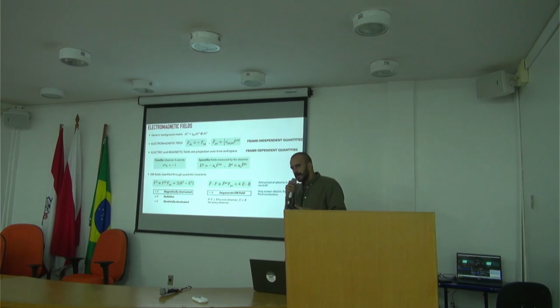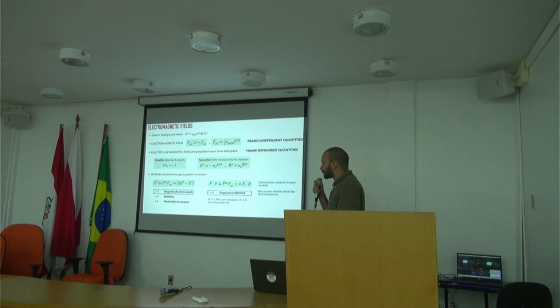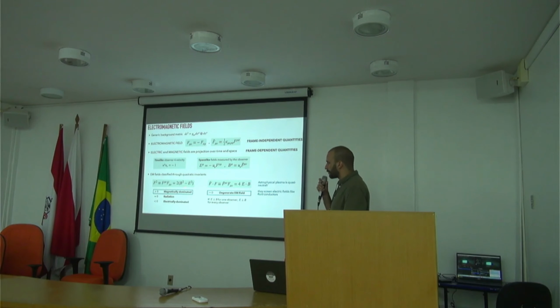Now, we can say that a field is magnetically dominated if this object is greater than 0. And since this is an invariant statement, if we compute this in whatever observer is convenient for us, this will be a magnetically dominated field for every observer. So a magnetic field always exists; it is a true physical quantity, if we want.